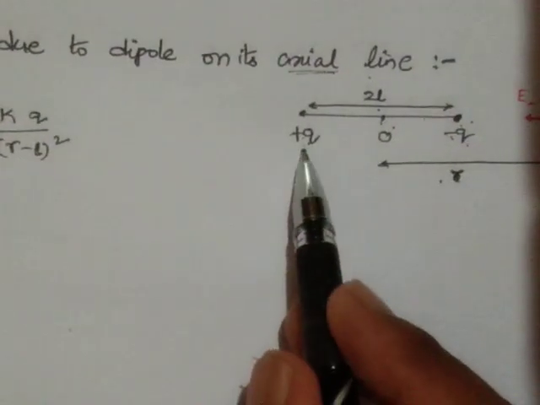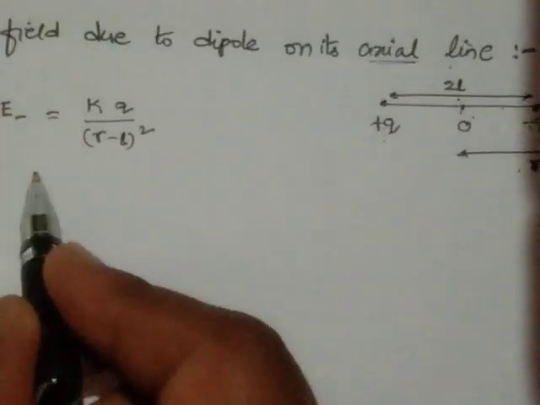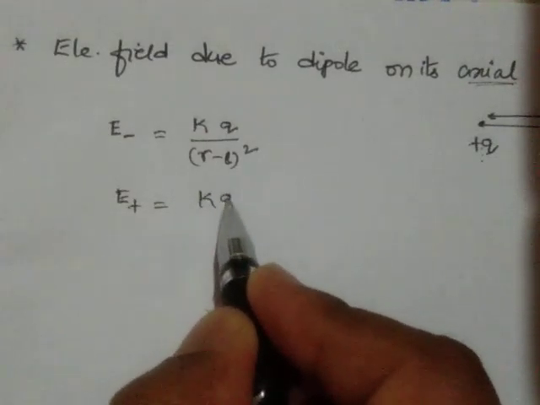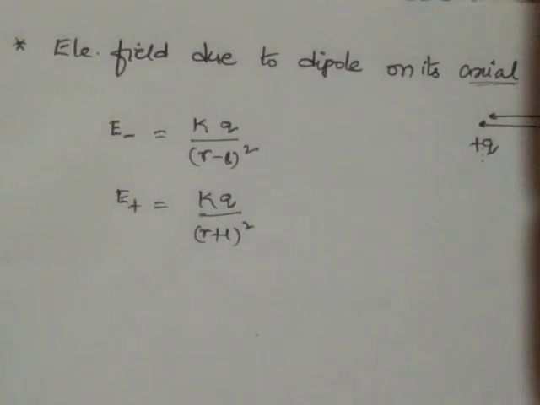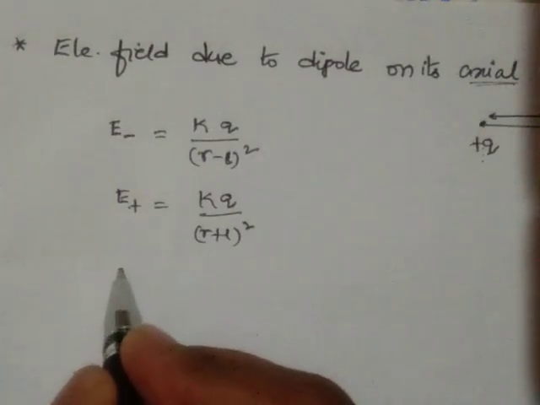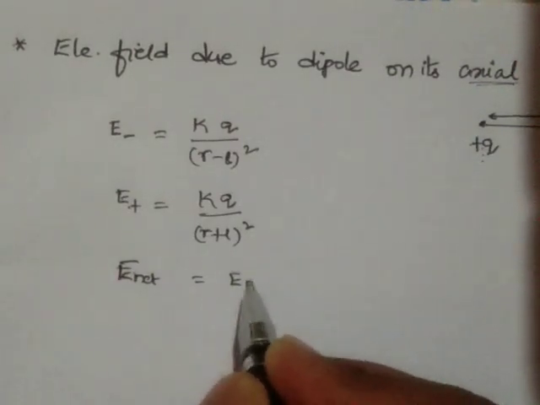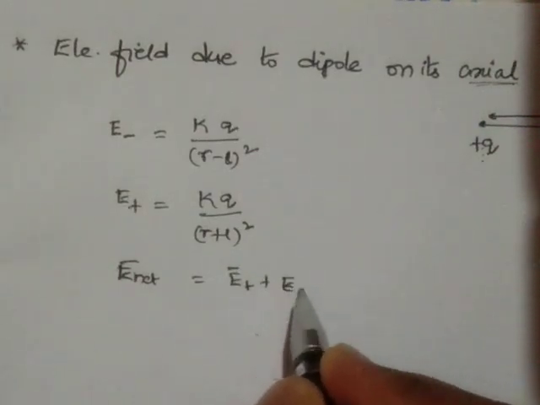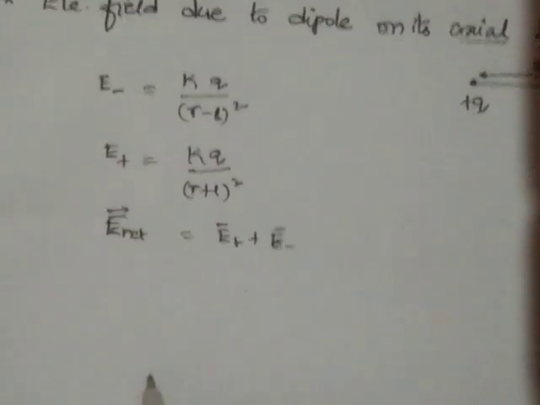Likewise, due to the positive charge, the field intensity at point P is E plus equals kq by r plus L whole square. The net field intensity E net bar is E plus bar plus E minus bar. This is the vector notation.